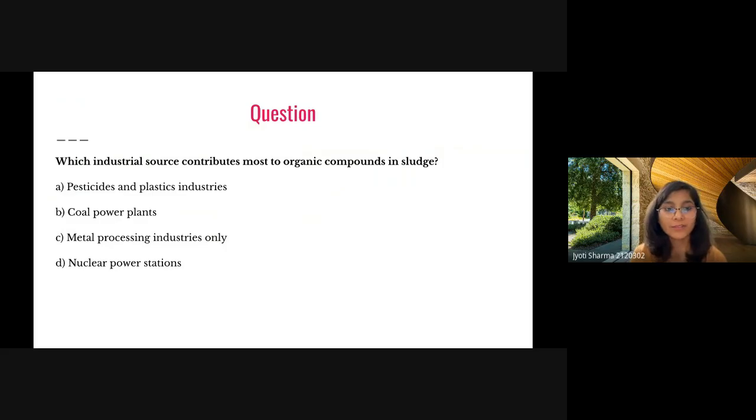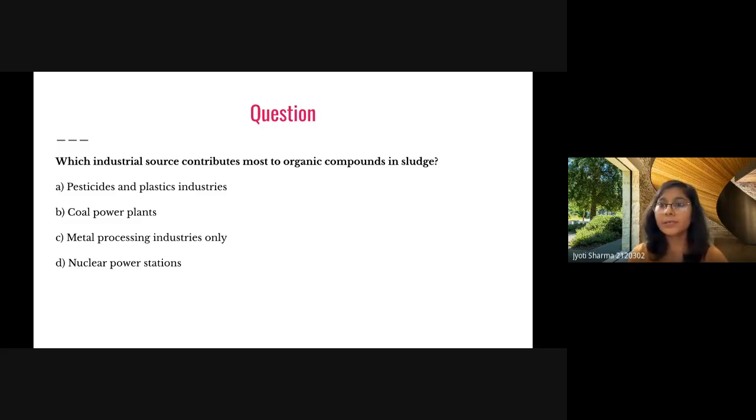Okay, I think you can give the answer to it. Which industry source contributes most to the organic compound in sludge? Pesticide and plastic industries, coal power plant, metal processing industries only, nuclear power station. So let me see the answers. Venkateshwara gave me A. Sagar also gave me A. Okay.